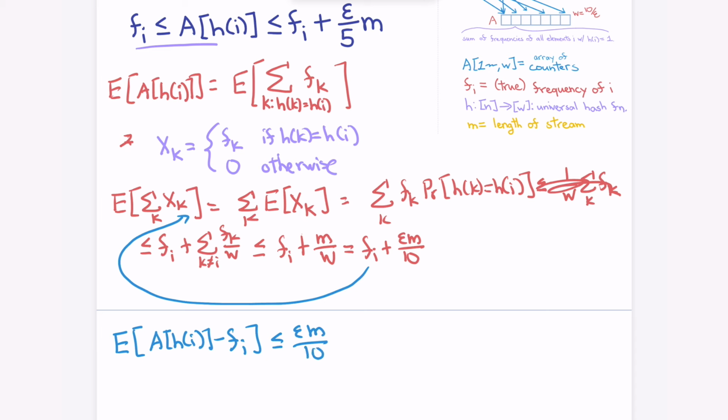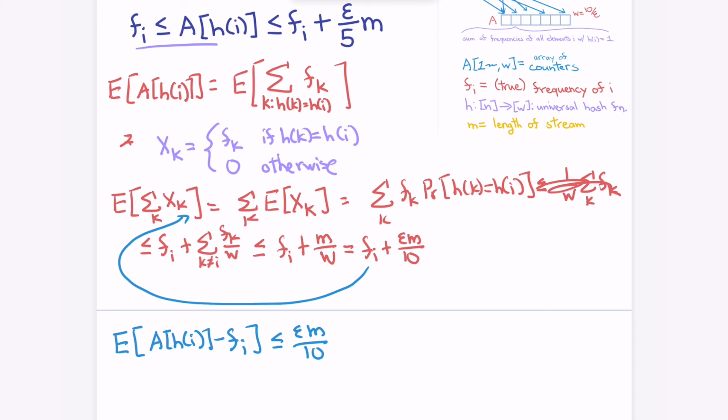Now, to apply Markov's inequality, you can't apply it to any random variable. You need one fact about the random variable: it needs to be non-negative. Is this non-negative? Yes, because it's always overcounting. So it's this term that we look at the average of, and the average is at most epsilon m over 10. That means the odds of it being at least epsilon m over 5, that's twice the average, is at most 1/2.